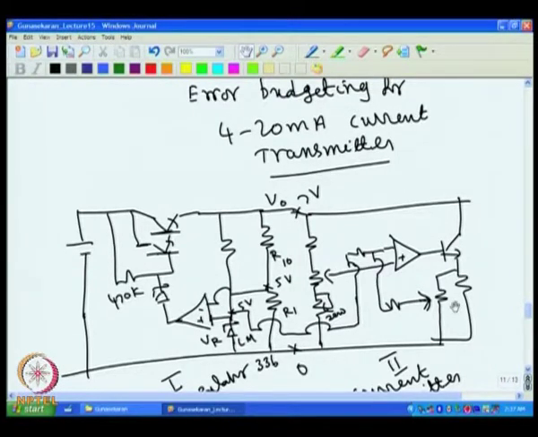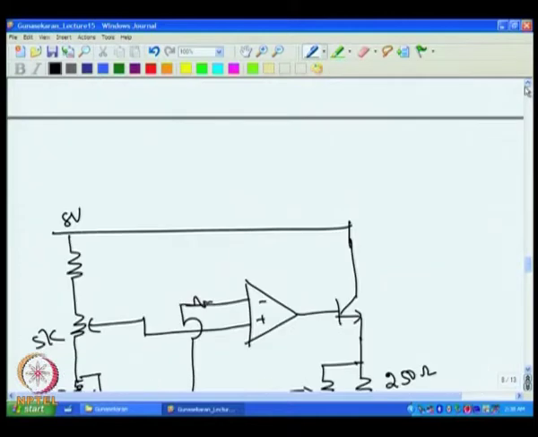If you recall our earlier class values, this was taken as 230 ohms, and then this was taken as 5K. Then I had to go back and see what the other values taken were.